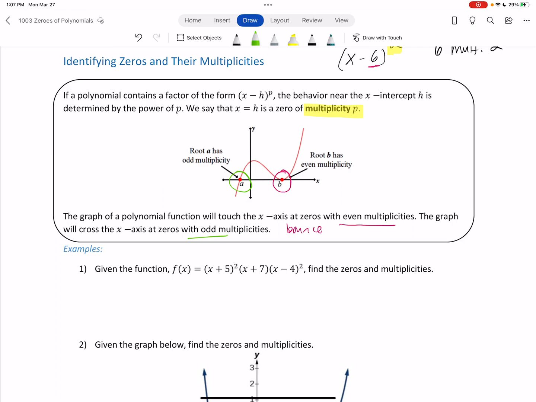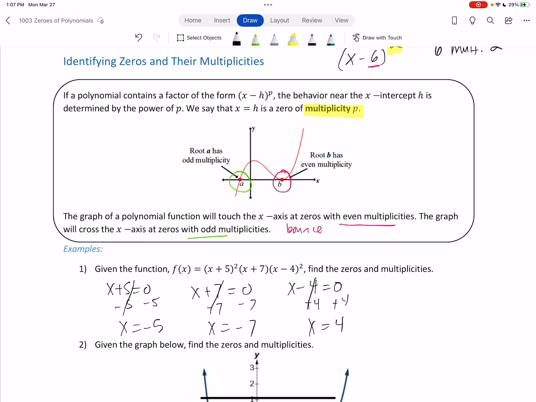So this says, here's our function. Find the zeros and the multiplicities. I can see that there are three factors. I have x plus 5, I have x plus 7, and I have x minus 4. So subtract 5 from both sides, x is negative 5. Subtract 7 from both sides, x is negative 7. Add 4 to both sides, x is 4. In the first one, I have an exponent of 2, so this has multiplicity 2.